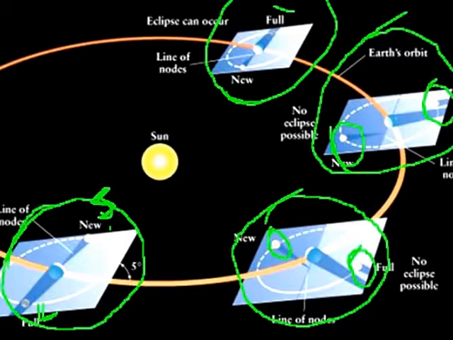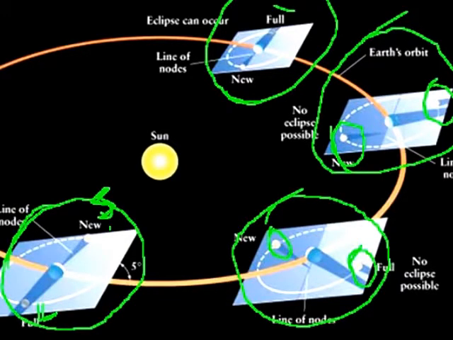No eclipse. So the Moon's orbital tilt is what causes this to be different, meaning we do not have 2 eclipses every month, a lunar eclipse and a solar eclipse.